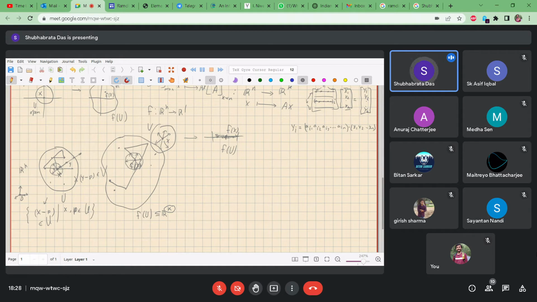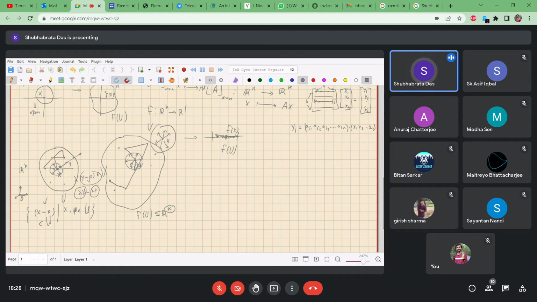If y minus p has to be here and this thing has to be a vector space, then for any lambda, lambda times y minus p should also be here, right? By definition of a vector space. Now you see, what is this? This is lambda y minus lambda p, right? Now you see that neither lambda y nor lambda p are elements of U if lambda is chosen properly, right?